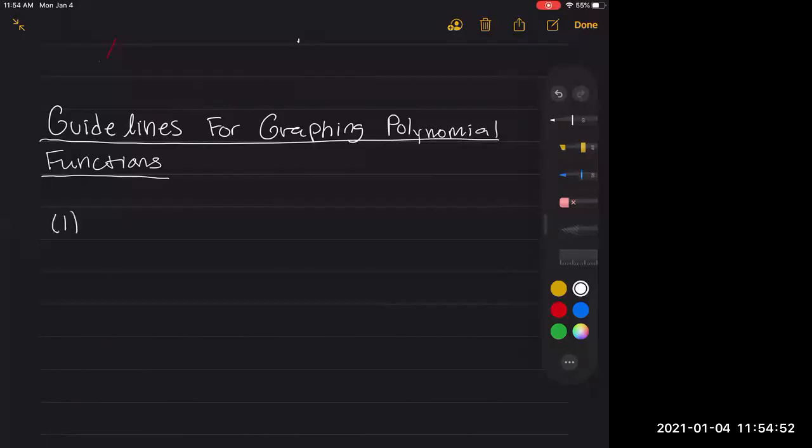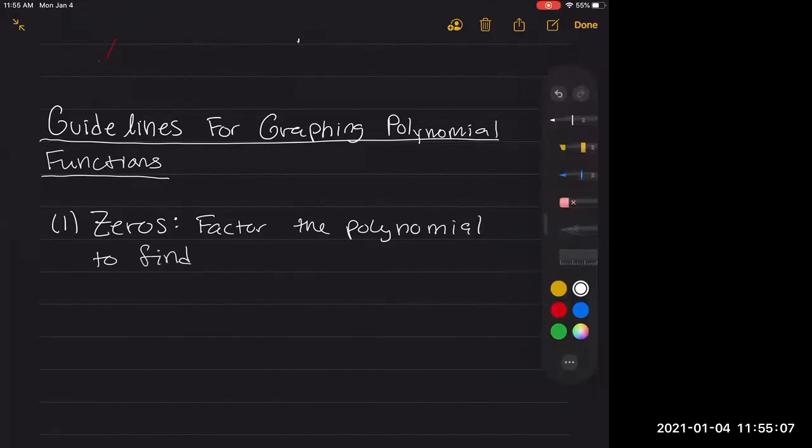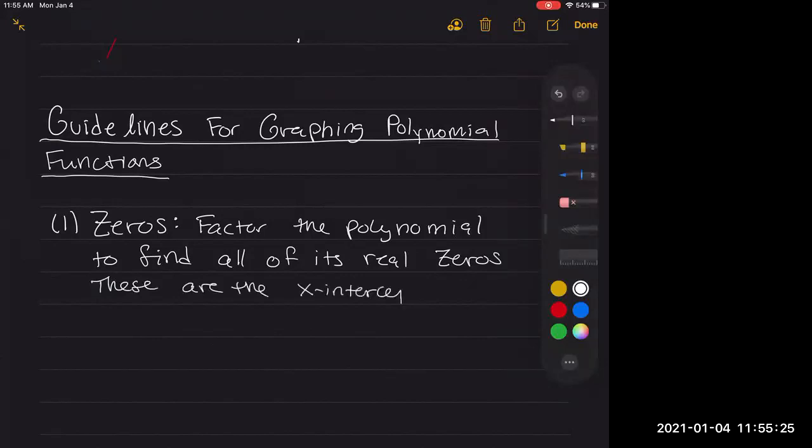So 1, the zeros. So you'll want to factor the polynomial to find all of its real zeros. So these are going to be our x-intercepts. And remember from earlier, they have to be the real zeros.